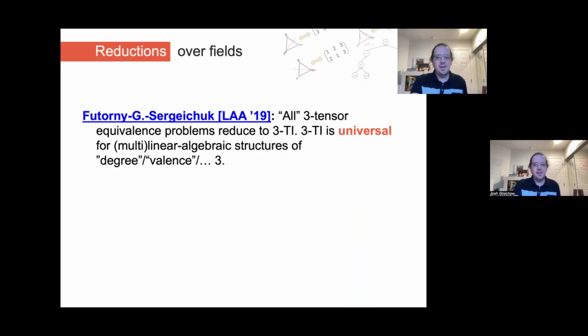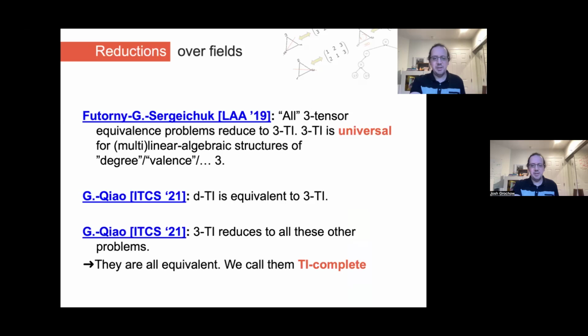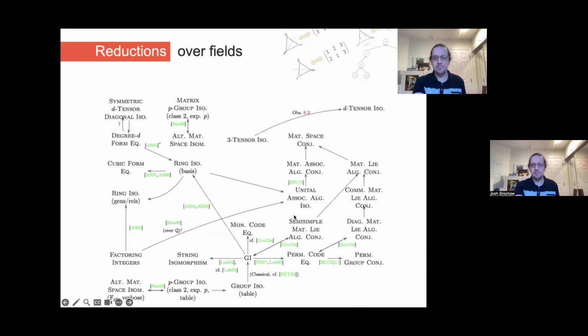Okay. And then with Yoming Qiao in ITCS, we proved that D tensor isomorphism was actually equivalent to 3 tensor isomorphism for any D. And we got reductions in the other direction, that 3 tensor isomorphism reduces to all of these other problems. And so they were all equivalent, and we called them TI complete.